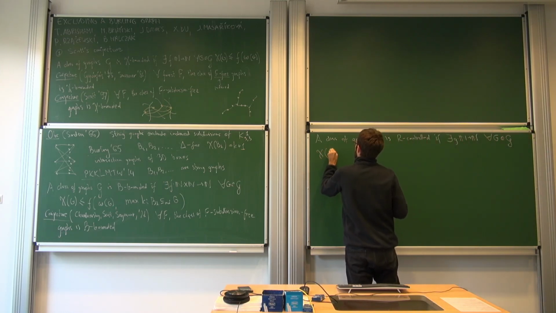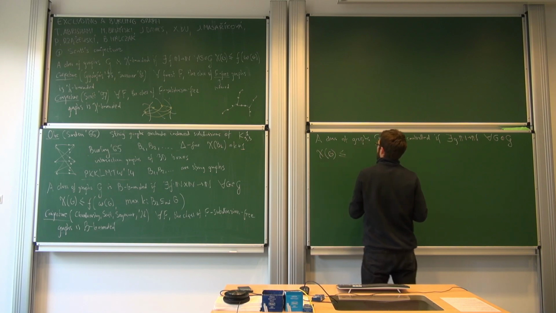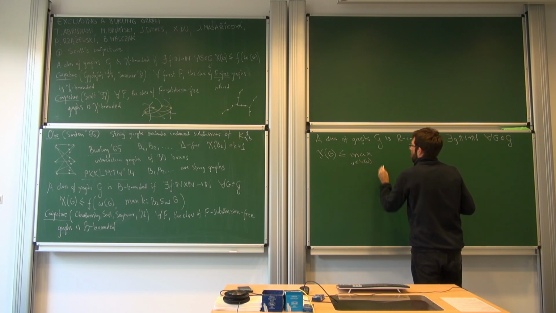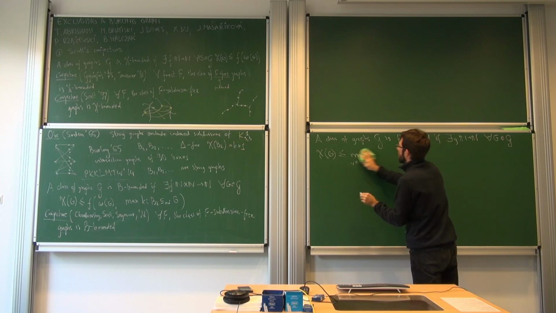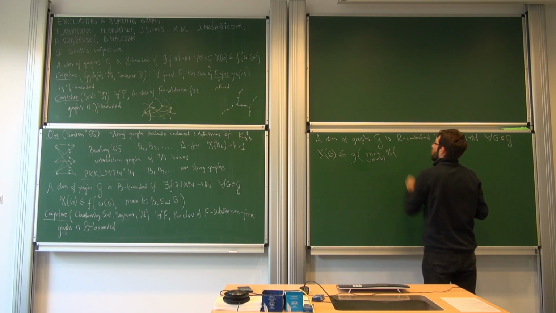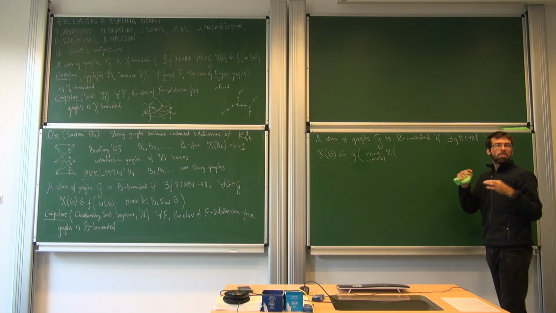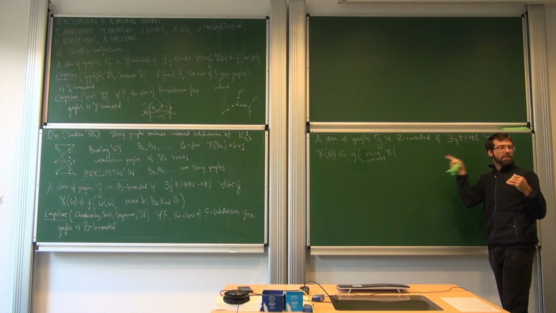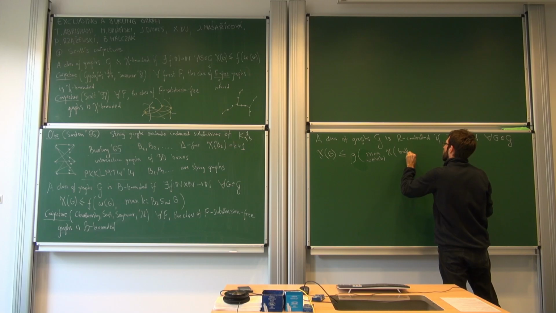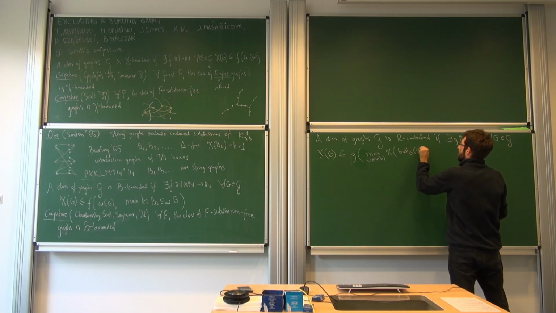The chromatic number of G is bounded by the function g of the maximum over all vertices of the chromatic number of a ball of radius R centered at that vertex. Okay, so we take a ball in G of radius R.